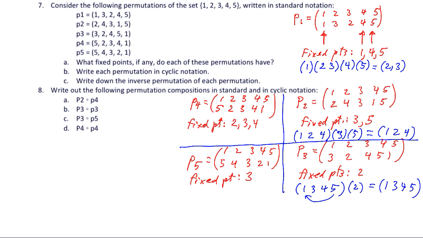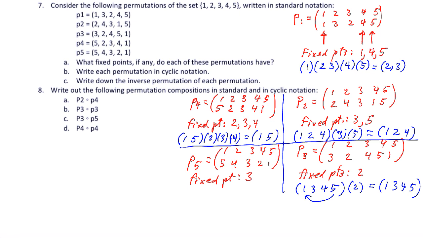Permutation number 4 in cyclic notation. I hope you can start to see this now. From 1 to 5, 5 back to 1. So 5 and 1 is a cycle. 2, 3, and 4 are all fixed. And we can write that as (1 5). Finally, permutation number 5 goes from 1 to 5, 5 back to 1.